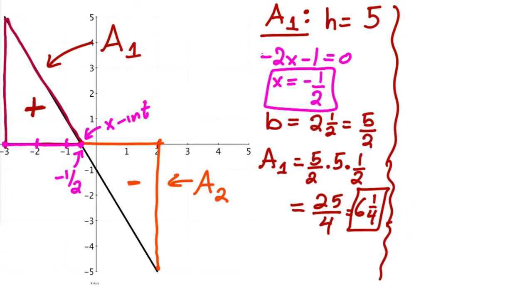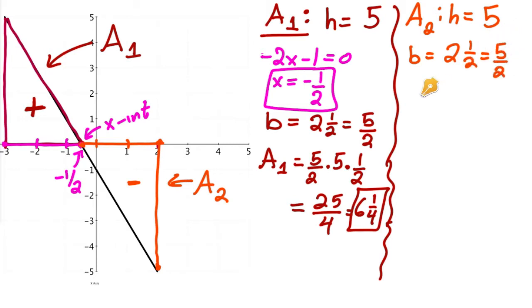Now, the area of the second triangle, the height of that one is going to be also 5, if you go from here to here. And the base of this triangle, if we go from this point to this point, we see that it's 1, 2, and a half. Whoa, that's interesting.